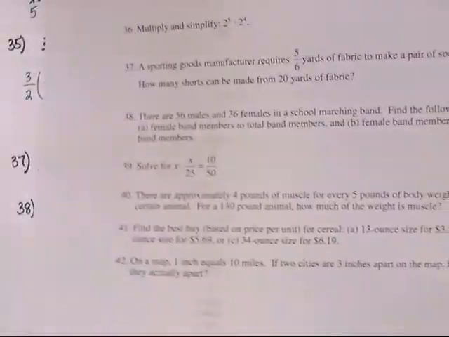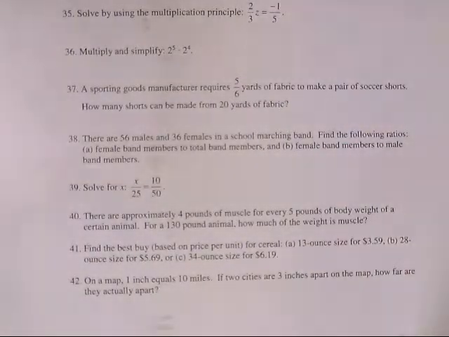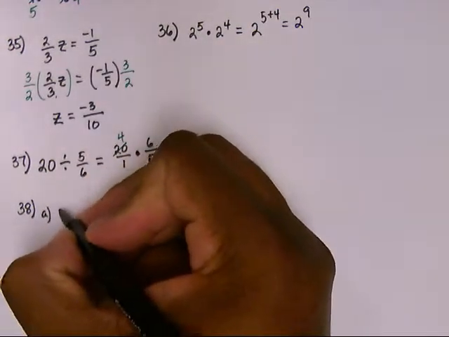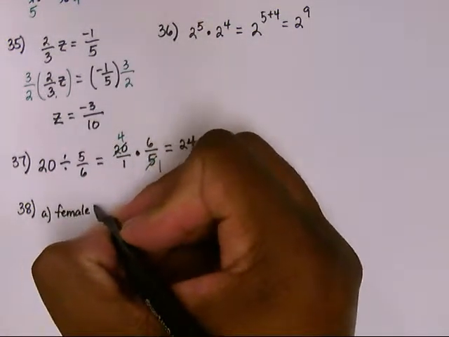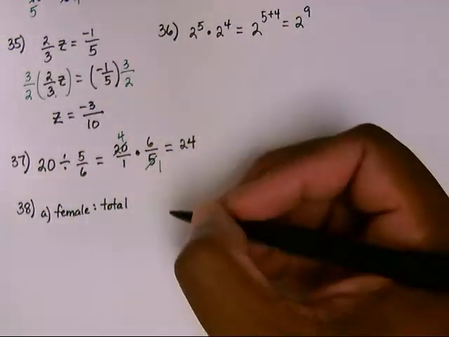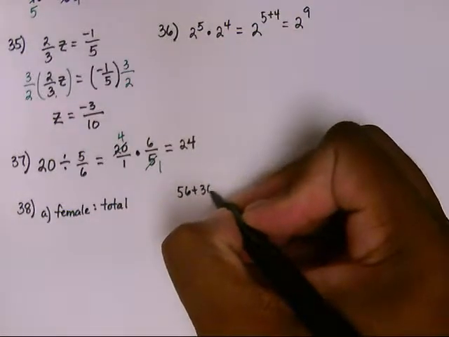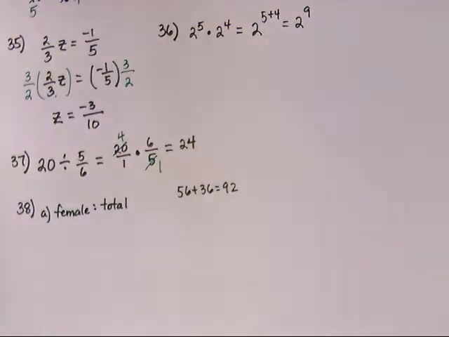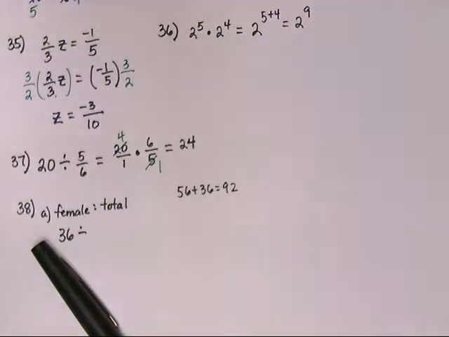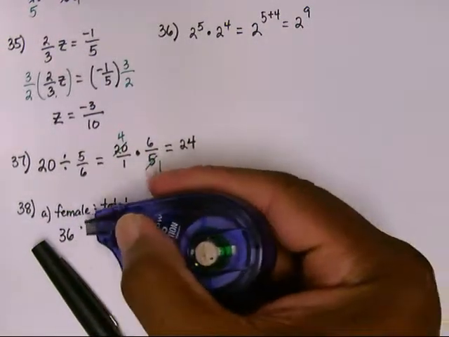Number 38. There are 56 males and 36 females in a school marching band. Find the following ratios. Part A is female band members to total band members. Let's start with that. Female to the total. There are 56 males and 36 females, so if I add 56 and 36, that's going to give me 92. There are 36 females, so that means it's going to be 36 to the total, which is 92. Here we use the colon for the ratio.